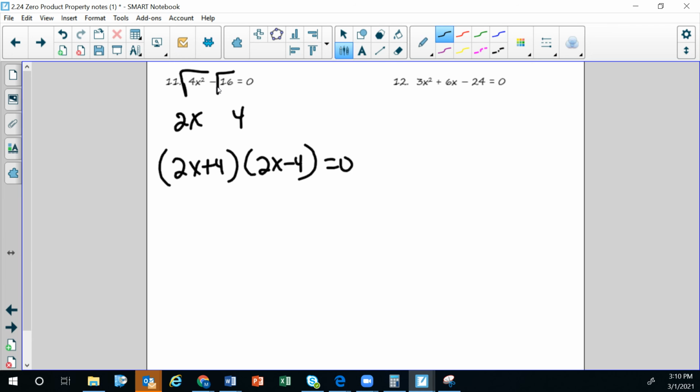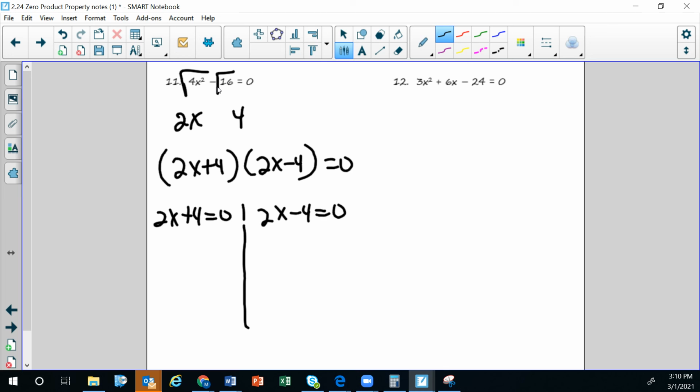Okay? And so I'm going to set both factors to 0. 2x plus 4 is equal to 0. And the other one is 2x minus 4 is equal to 0. Now, first, for the left equation, I'm going to add a negative 4 to both sides.